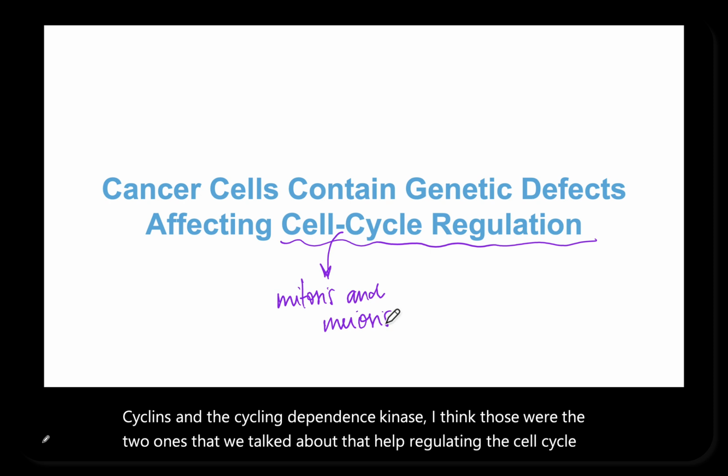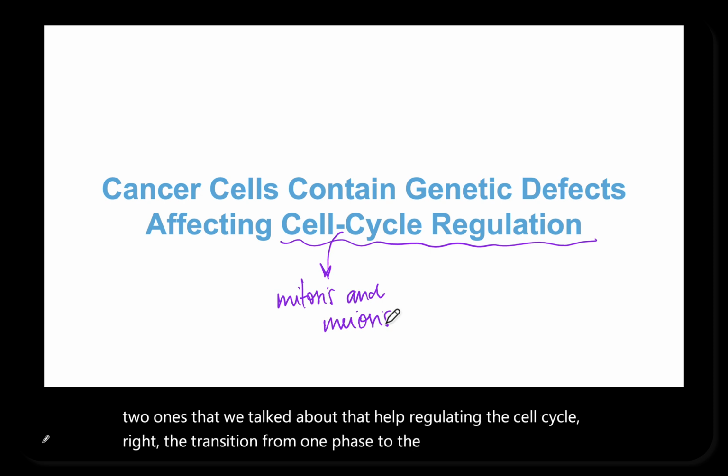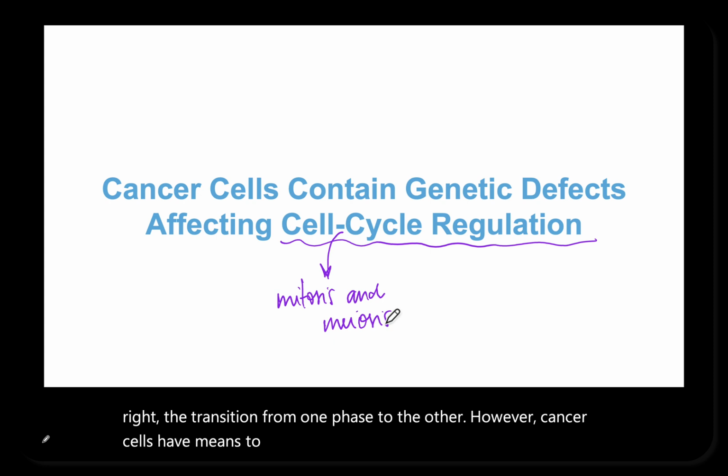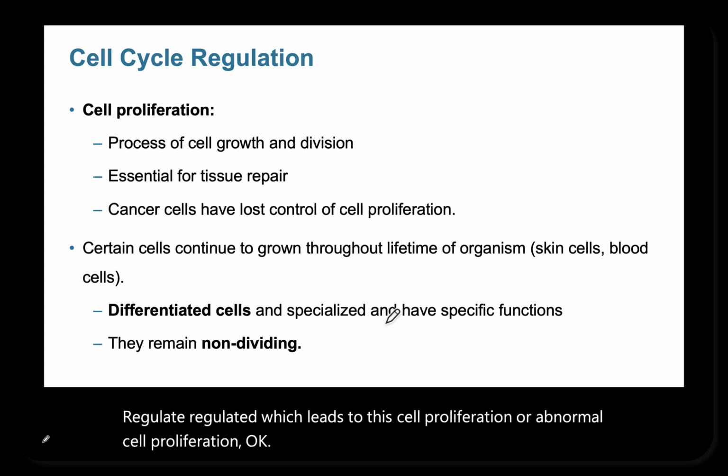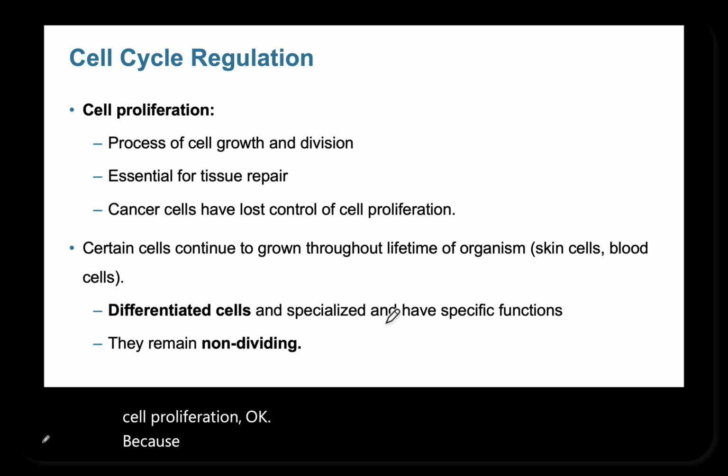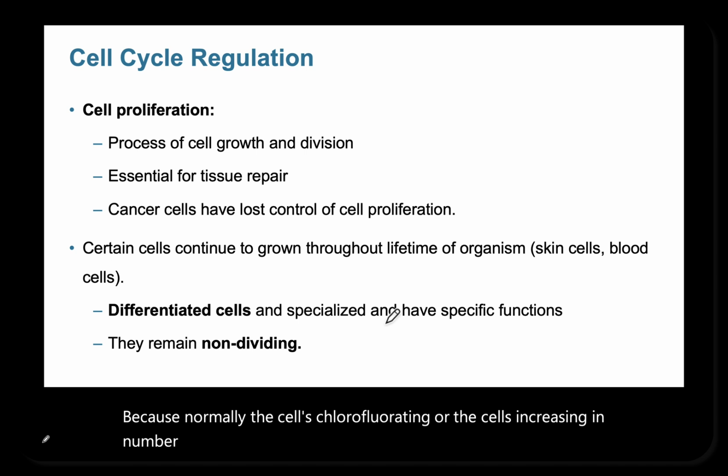They regulate the transition from one phase to the other. However, cancer cells have means to bypass those molecules. Therefore, the cell cycle is no longer regulated, which leads to abnormal cell proliferation. Normally, cells proliferating, increasing in number, duplicating, is an okay process.